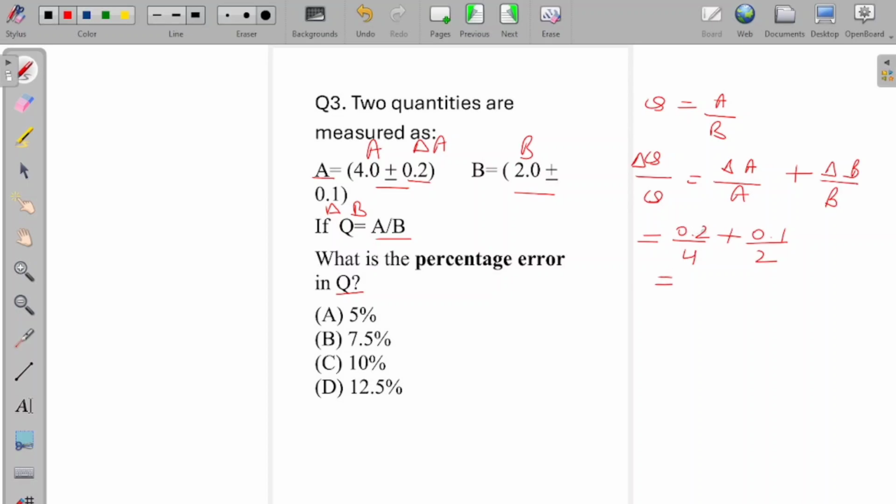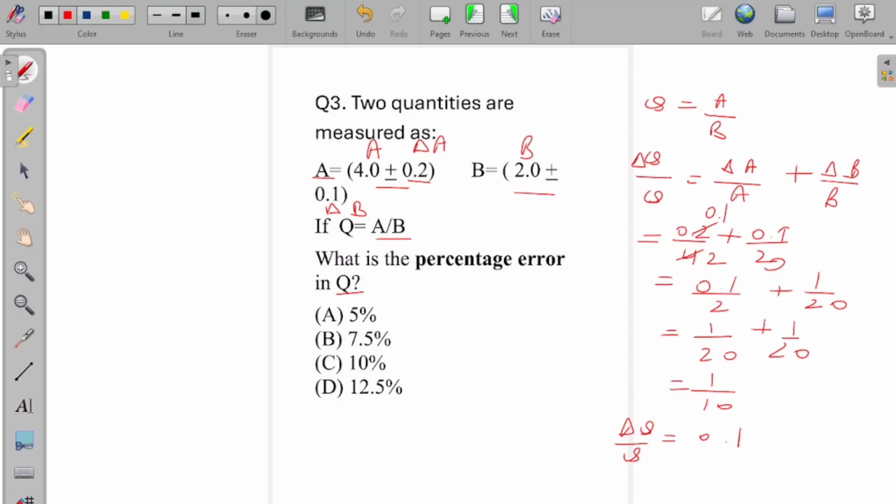Let's simplify it further. 0.2 upon 4 is 1 upon 20, so 1 upon 20 plus 1 upon 20 gives us 2 upon 20, which further gives us 1 upon 10, which gives us 0.1. So 0.1 is equals to delta Q by Q, which is relative error or fractional error.